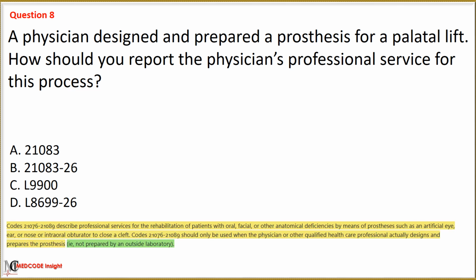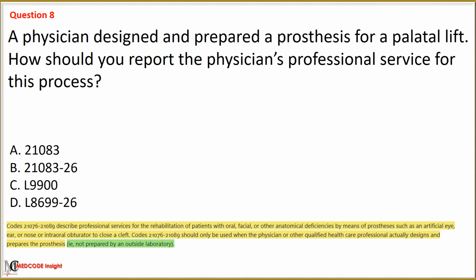In this scenario, the prosthesis for the palatal lift is designed and prepared by the physician. When coding for the design and preparation of prostheses, it is important to follow some specific coding guidelines. Prosthesis codes 21076 to 21089 describe professional services for rehabilitation of patients with oral, facial, or other anatomical deficiencies through prostheses.